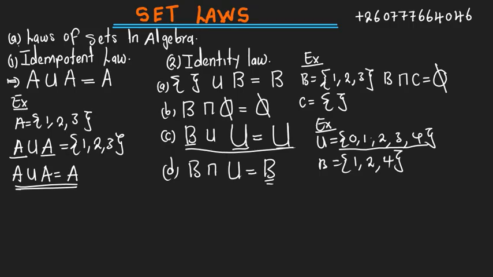Why? Because if we find the intersection of B and the universal set, what is common is this and that, this and that. Hence, we are going to get 1, 2, and 4, which is just the set B itself. It's very important for you to understand that law.